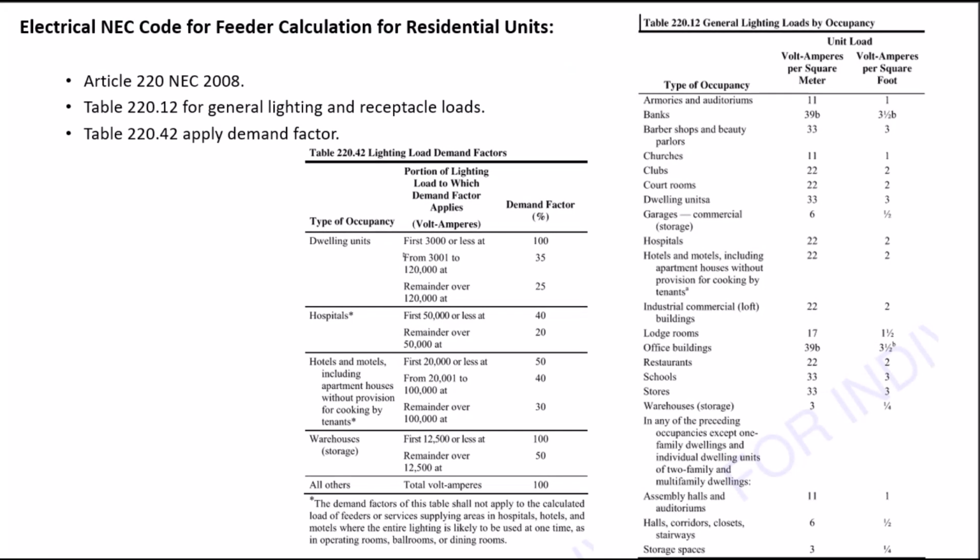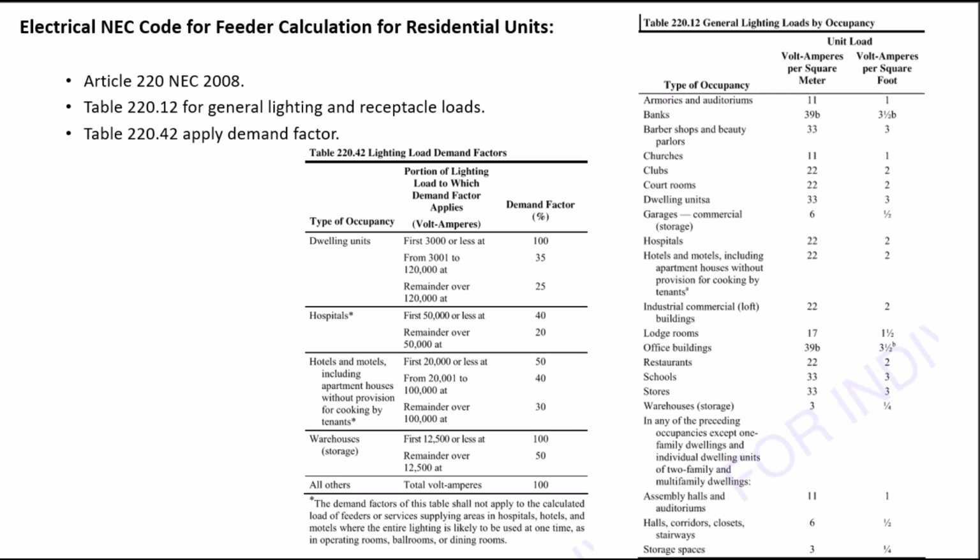Okay, now that we have a basic understanding of the electrical formulas needed to do the electrical load calculation and some of the basic components of an electrical service layout in a residential building, we're going to now go through the NEC calculation method to calculate the feeder size for a residential building.